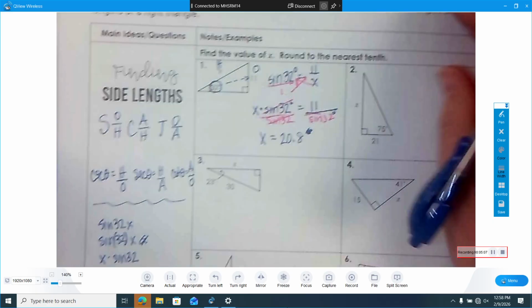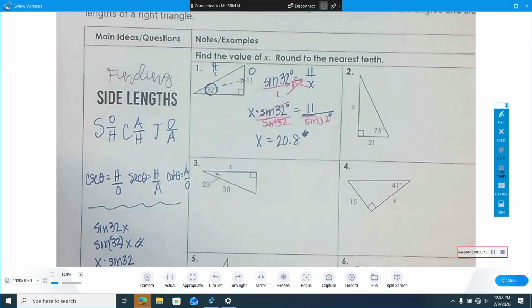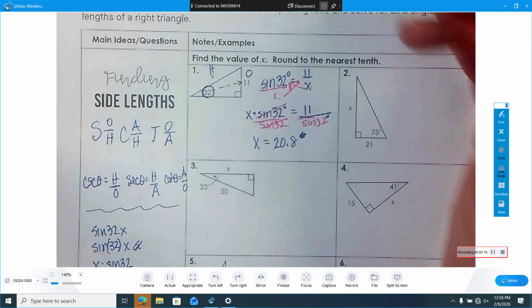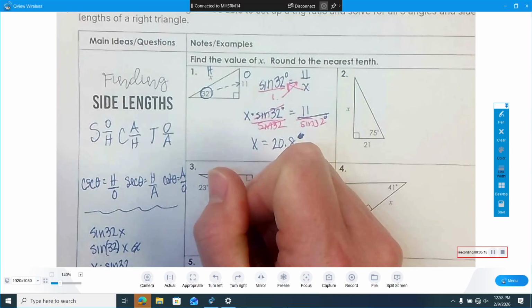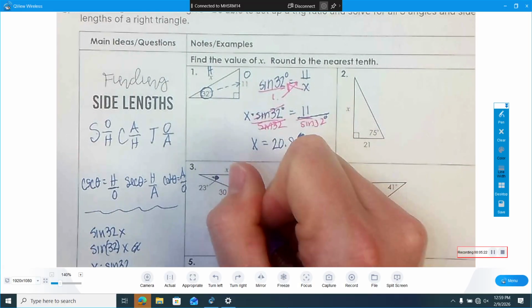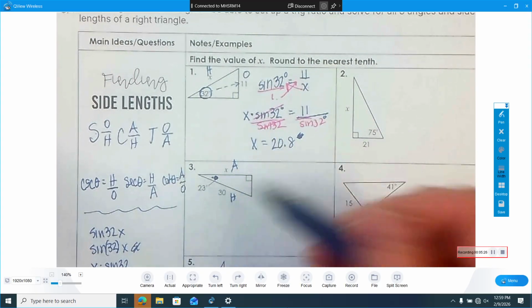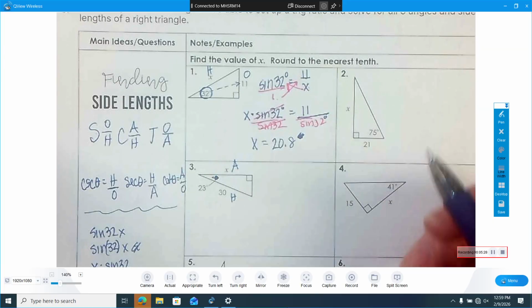So read carefully. All right, let's look at number 3. Here we have this angle. Which sides did they give us? Hypotenuse and adjacent. And so which trig function uses adjacent and hypotenuse?